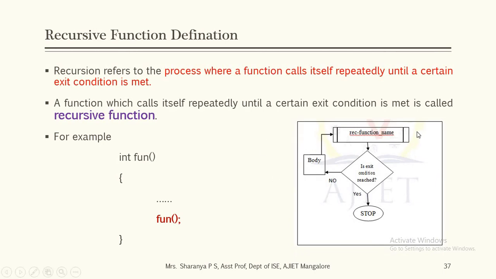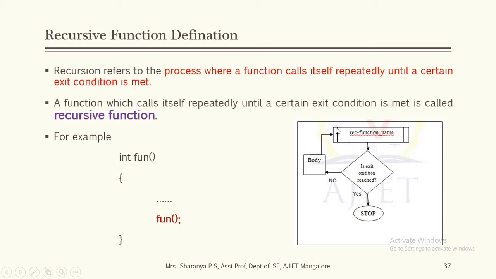If we look into the flow chart, the functions are represented in this manner with a box. Along with that, we specify that it is a function, and the function name is mentioned. Inside that, there is some condition that we write.